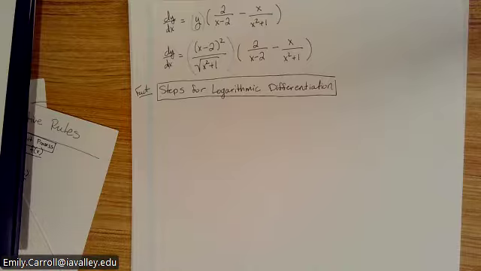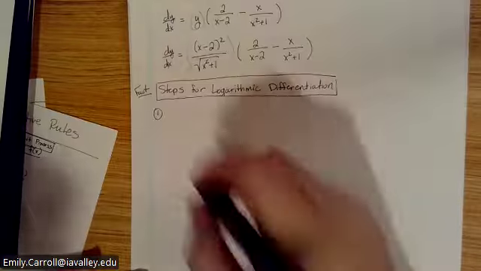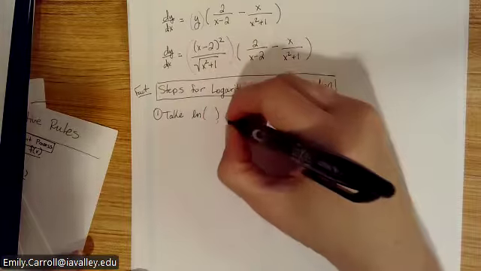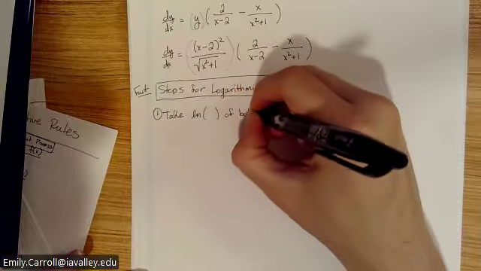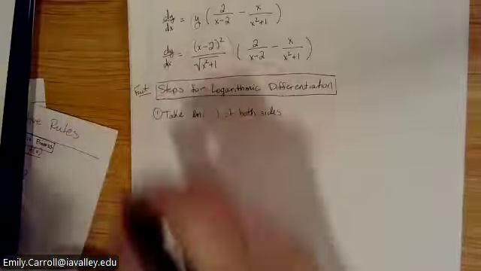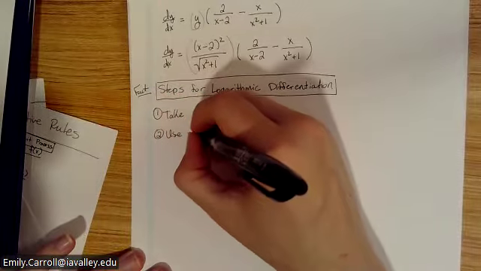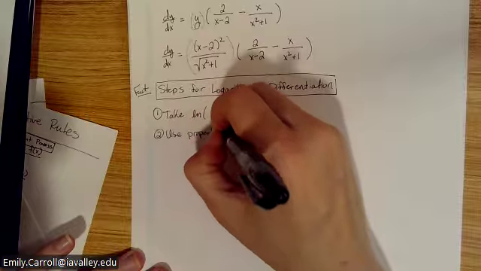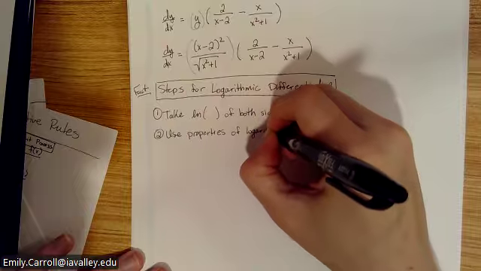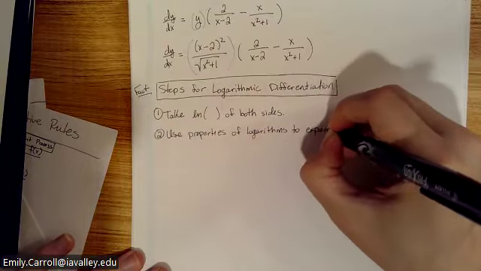Okay, so steps for logarithmic differentiation. First thing you're going to do is take the ln of both sides. Then you're going to use your properties of logarithms to expand it.